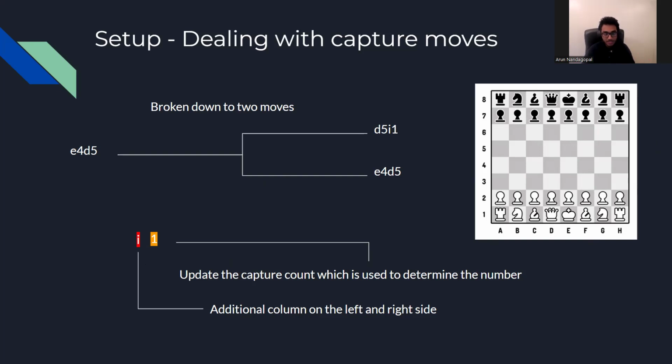So if it's 6 pieces it has captured, it will be I6, and if it has captured 10 pieces, then instead of I, we go to J, and for 10 pieces, we subtract 8, and then we have 2. So we would get J2. In this way, even if all the chess pieces were captured, we have them arranged systematically on the sides of the chessboard.